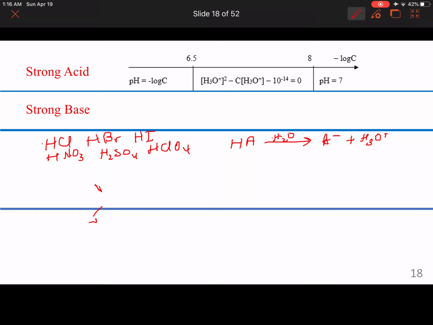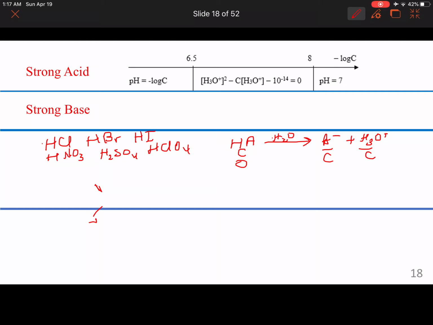And so the concentration of this acid in solution, and I sometimes say initial, it means that before dissociation, whatever the concentration is before dissociation. It could have been a diluted one or whatever, but this is before dissociation initially. We have nothing in solution, and then at the end we will have 0 HA, nothing is left over, all of the HA is converted to A minus and H3O plus.